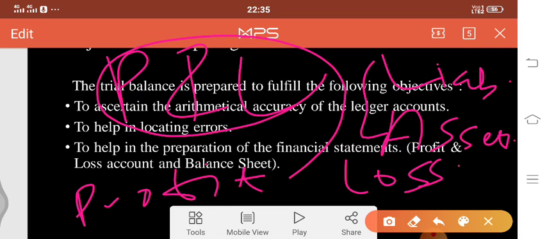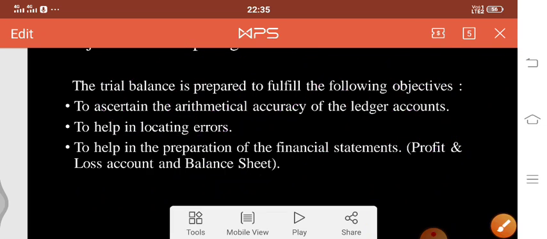So basically, at the end of the year, we prepare profit and loss account to ascertain the profit or loss incurred by an organization. We also prepare a statement of assets and liabilities, that is our balance sheet.